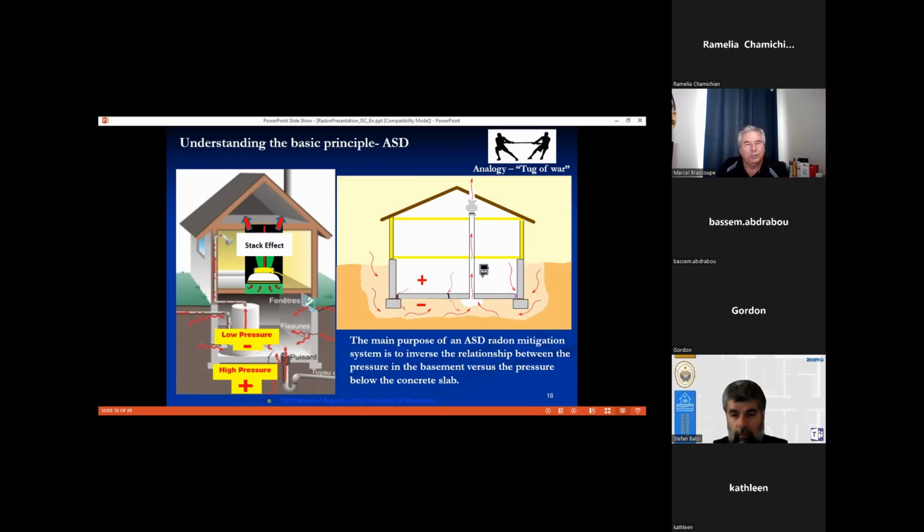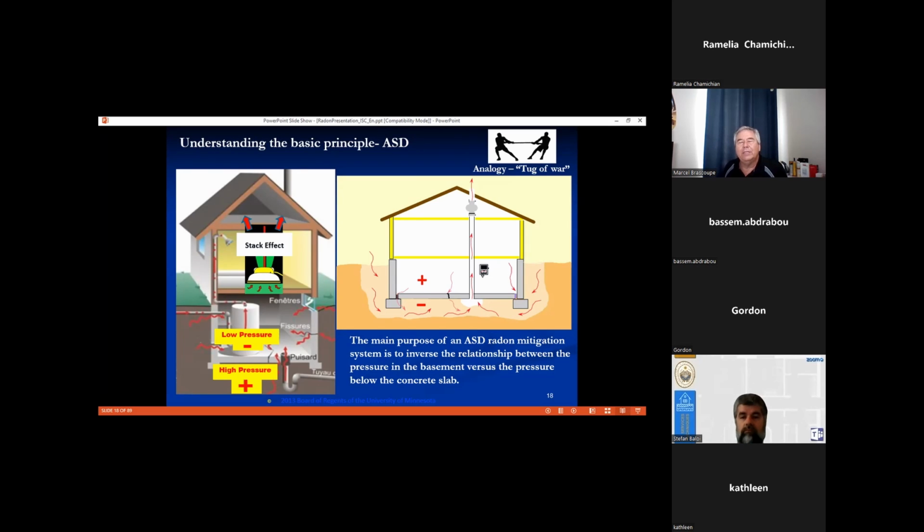We want to reverse or invert the relationship between the pressure in the basement and the pressure below the concrete floor slab. Now, what we see on the left occurs naturally, because we heat the home. The one on the right requires us to install piping, and in certain cases a fan, to create the lower pressure that we're seeing on the right-hand side.